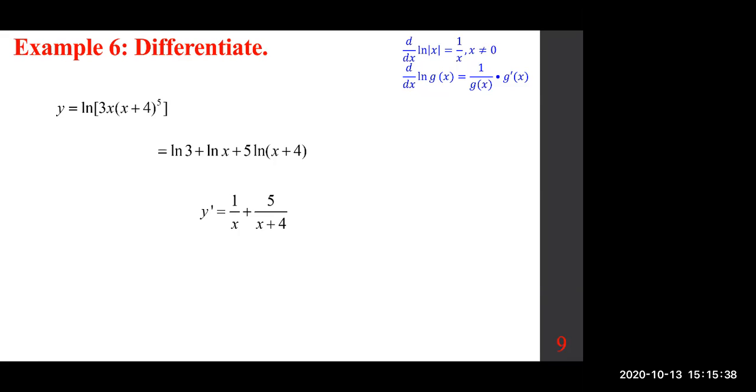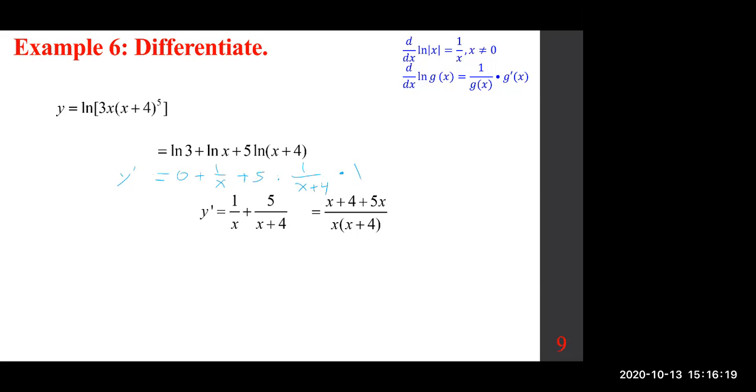So we get 0 here, 1 over x here, 5 times 1 over x plus 4 times the derivative of x plus 4, which is 1, and it gives us the next step. Now this is simple. You combine them. 1 times x plus 4 plus 5 times x.